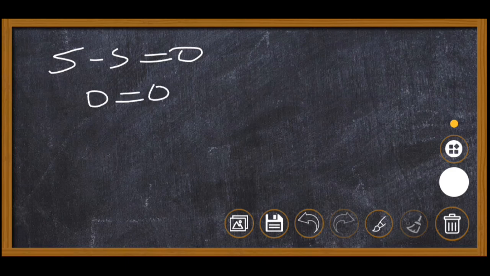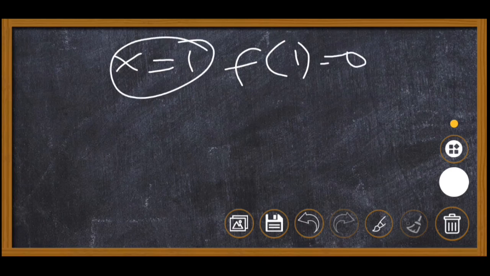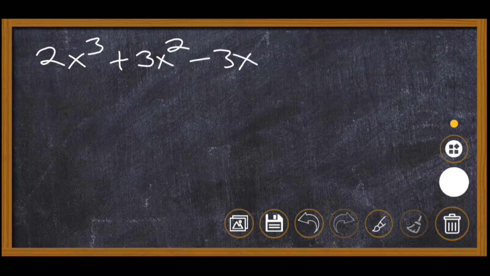So since x equals 1 has given us the function equal to 0, it implies that x equals 1 is a factor. So we are going to have the dividend, which is 2x raised to power 3 plus 3x squared minus 3x, then negative 2, which equals 0, with a divisor which we have just found, that is x equals 1.